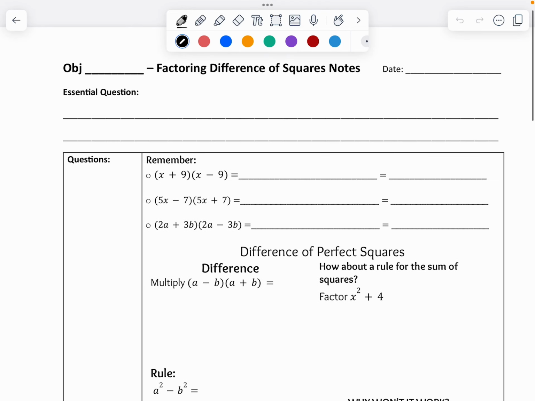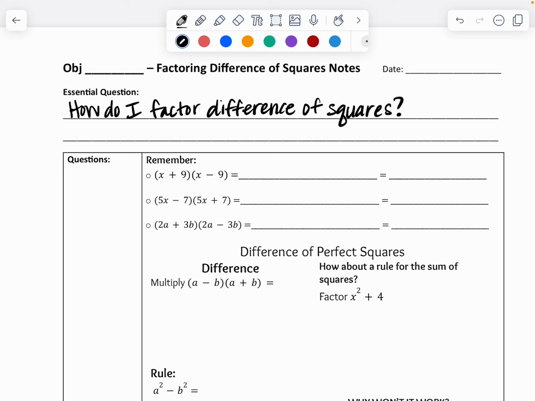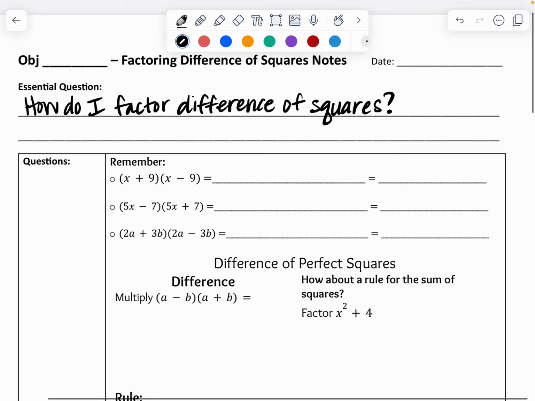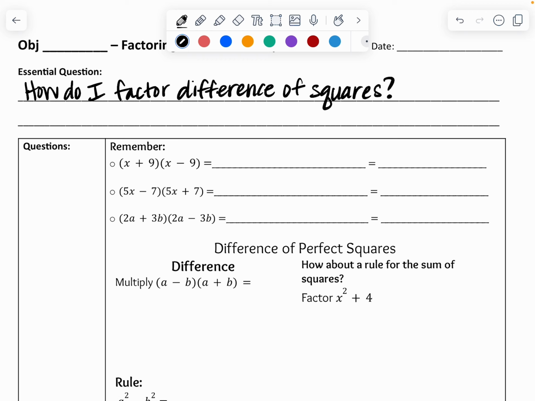Today we'll be learning about factoring difference of squares. So when we're talking about difference of squares, remember that difference is a word that we use for subtraction.